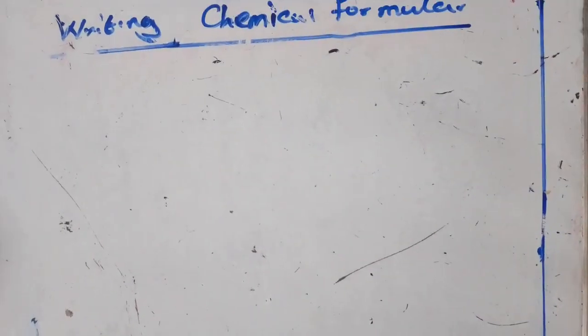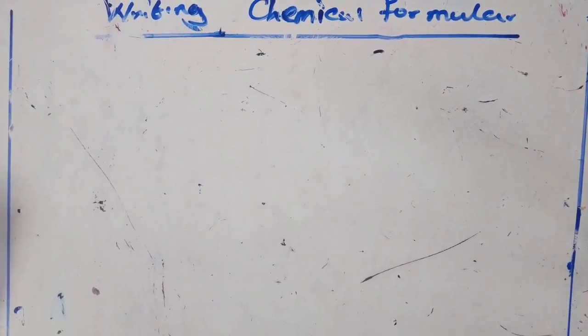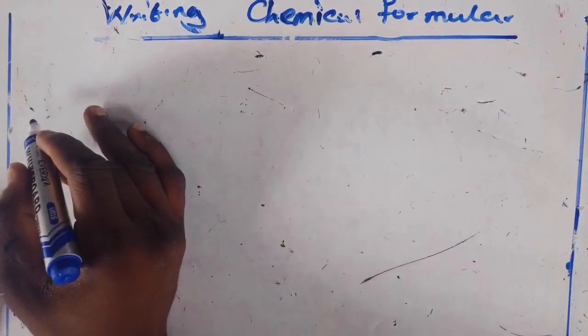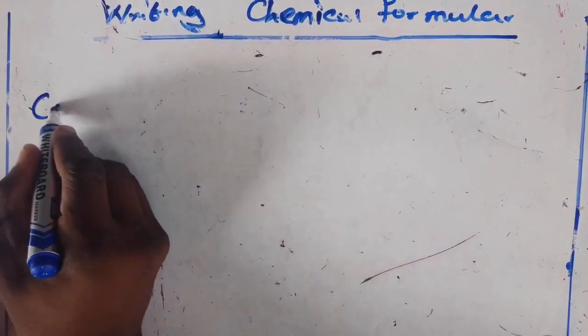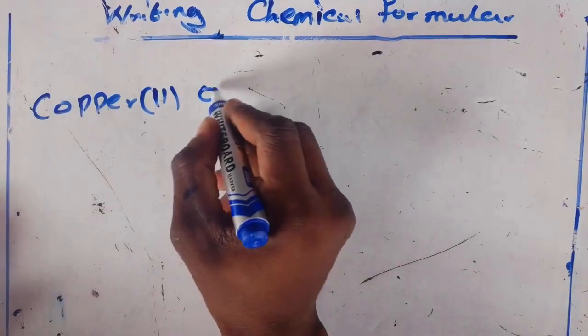So in our last example, we have been told to write the chemical formula for copper 2 oxide. So let's write the chemical formula for copper 2 oxide. Okay, so I'm going to write it here, copper 2 oxide.